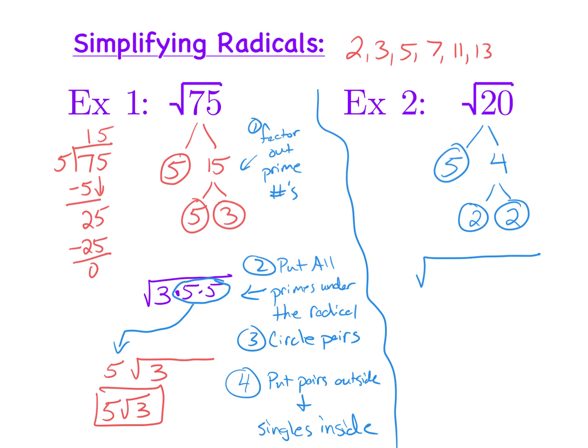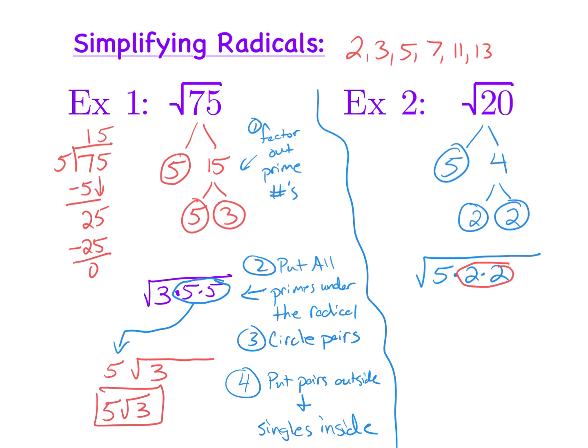So now we got to build the house. And we put all of our prime numbers in there. Tell me what to write under here. So 5 times what? Times 2. Remember, always keep your same numbers grouped together so you can easily find your pairs. Do we have any pairs? Yes. Which ones? The 2s.